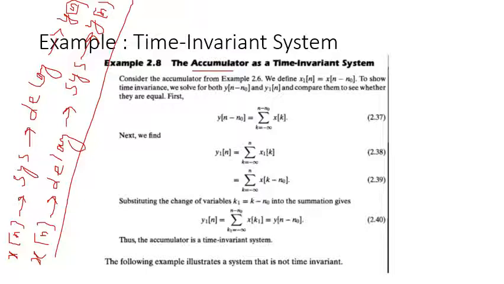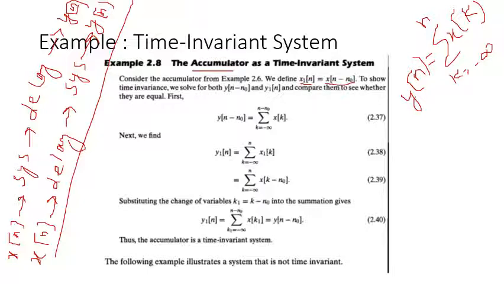So this is the accumulator system. Let me write it for you because here it is not written. y of n is equal to the summation of x of k, where k starts from minus infinity and goes towards n. We took the input x1 of n and delayed the input.